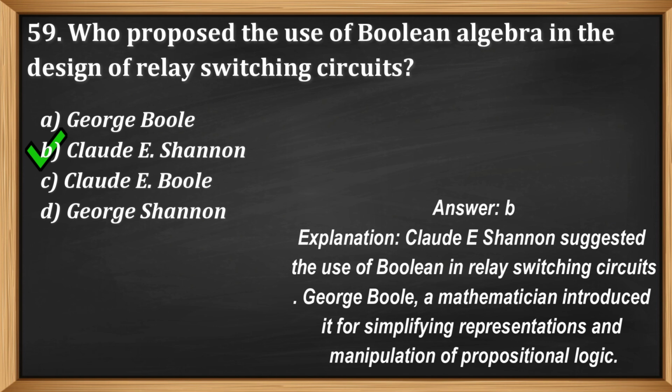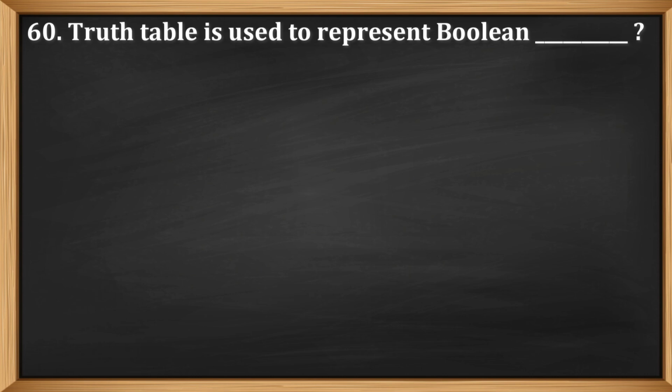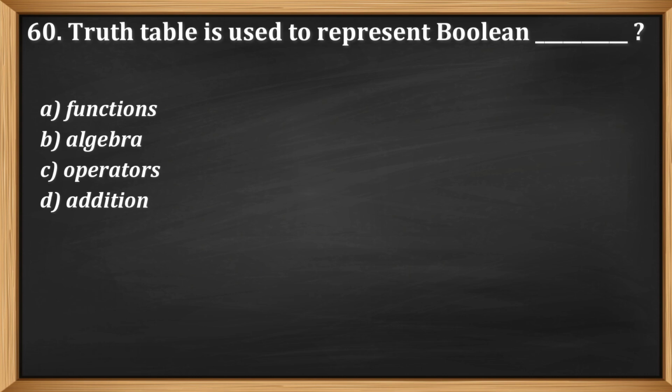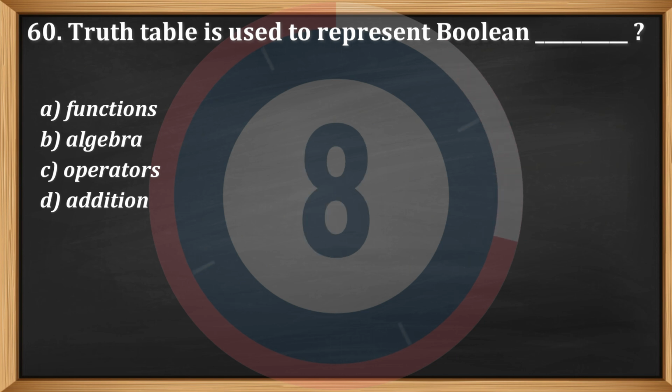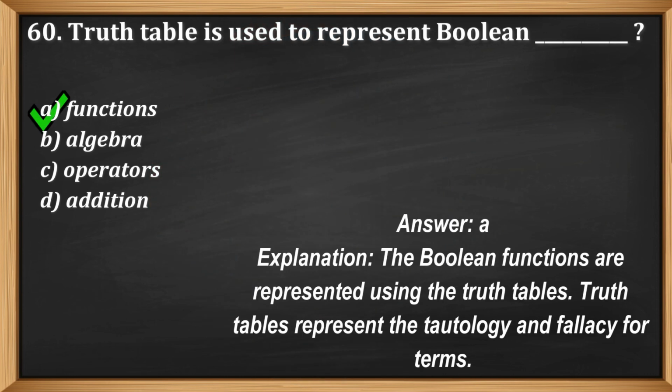Who proposed the use of Boolean algebra in the design of relay switching circuits? Option B, Claude E. Shannon. Truth table is used to represent Boolean. Option A, functions.